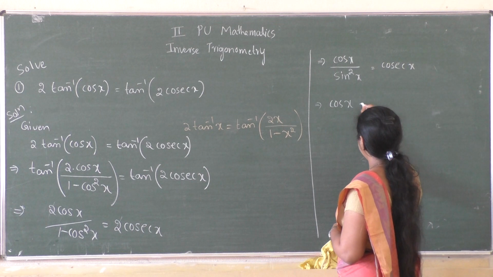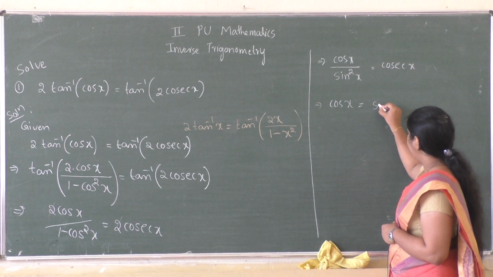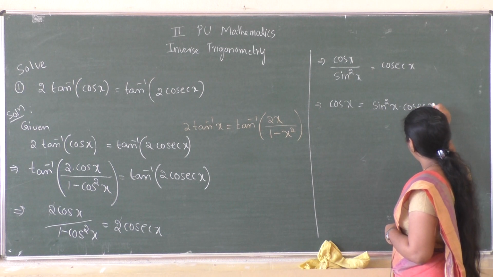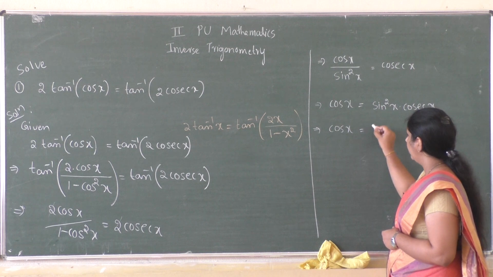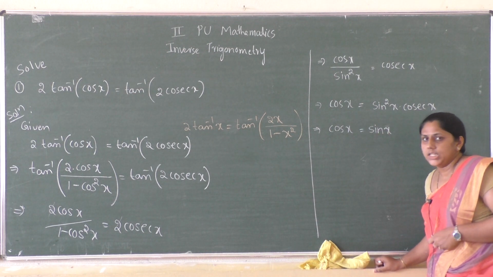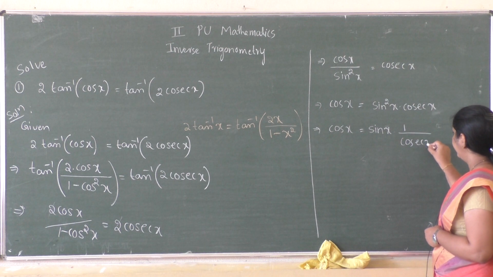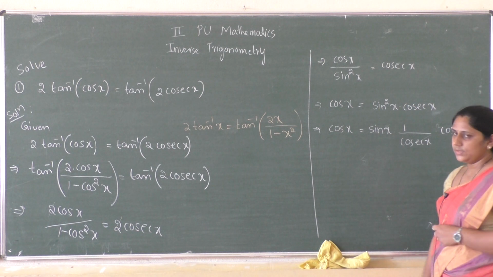Now just rearrange this, that is cos x equal to sin square x into cosec x, that implies cos x equals sin x as it is, and one more sin x can be written as 1 by cosec x into cosec x. So these two terms get cancelled.